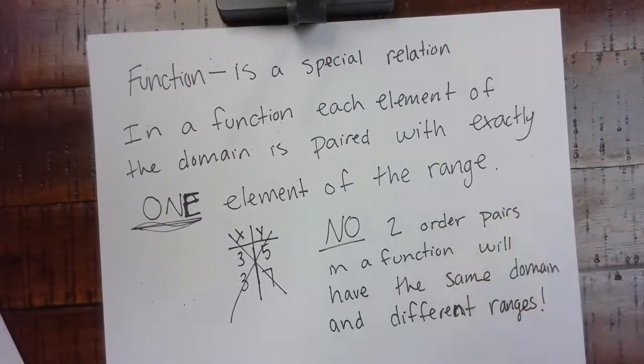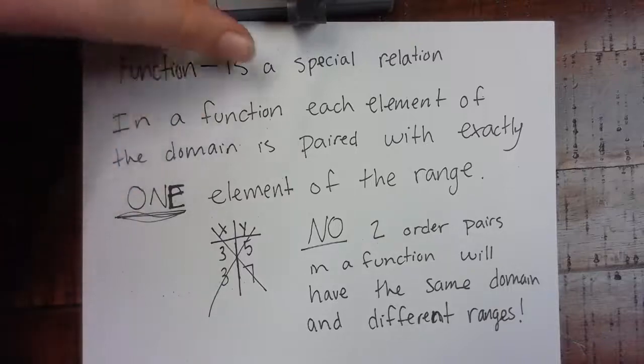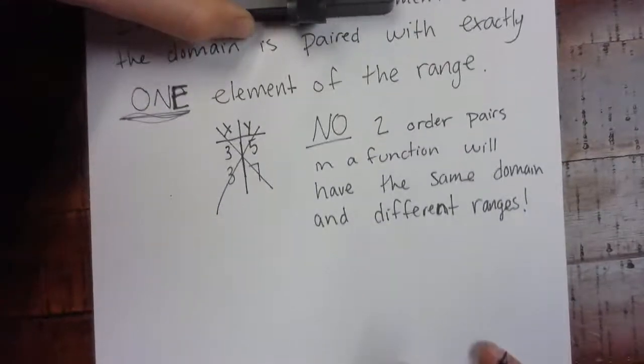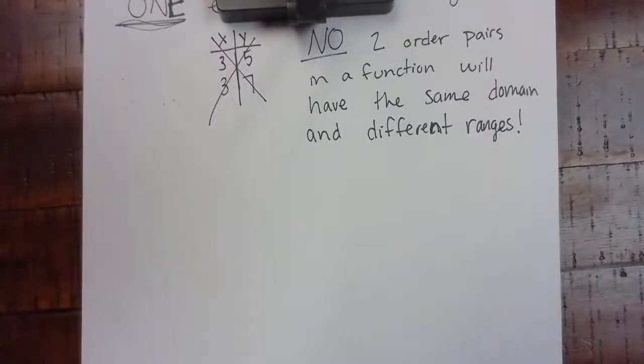Very important. Absolutely cannot have the same domain in different range. It will not work, does not work. Just remember that. With that, your functions are also, of course, going to have some rules that go with it.